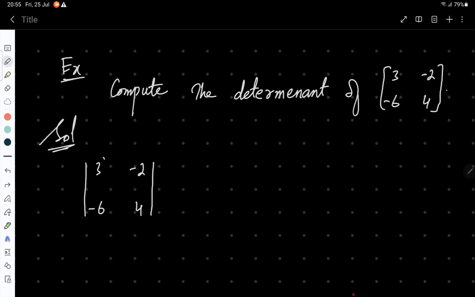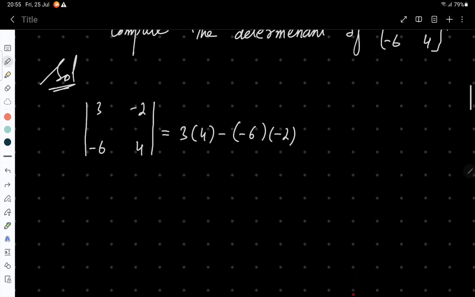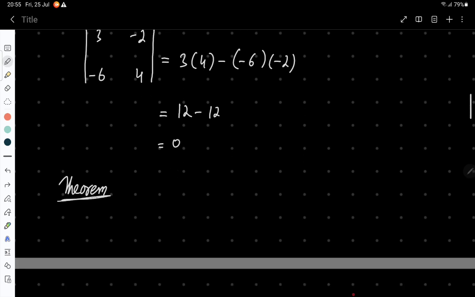First of all, I will multiply these two elements, 3 times 4, then I will write minus, then I multiply these two numbers. Since this is 12 and this is also 12, 12 minus 12 is 0, so the determinant is 0.